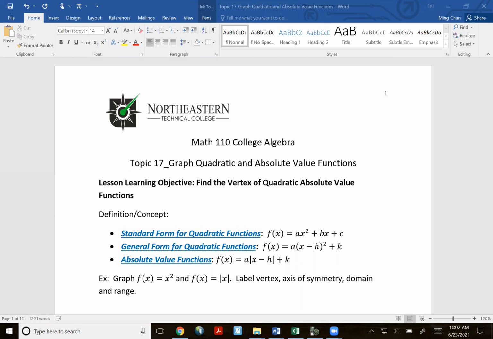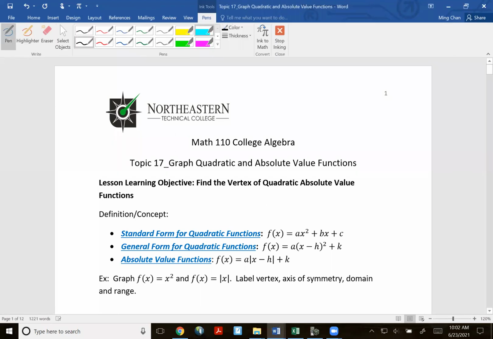All right. So this first objective is finding the vertex of a quadratic function. Quadratic and absolute value functions share very similar characteristics. The standard form for a quadratic function is ax squared plus bx plus c.